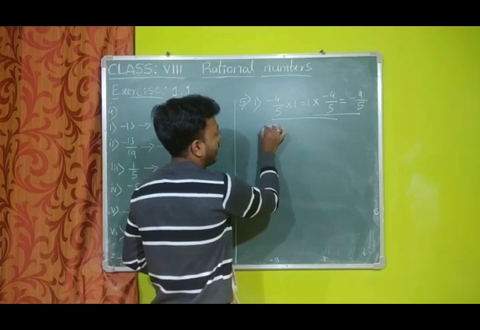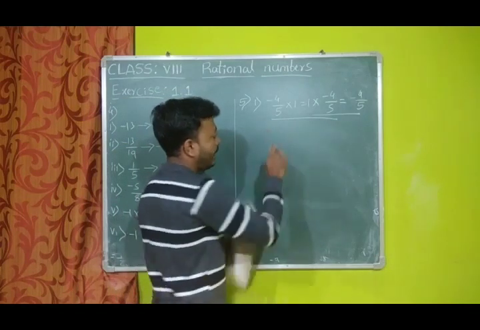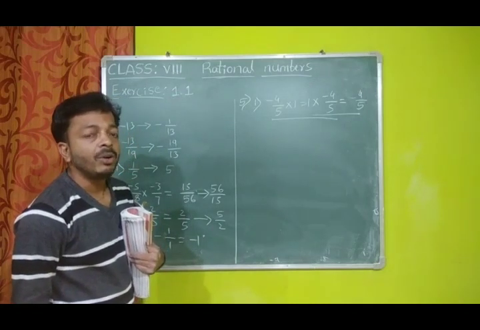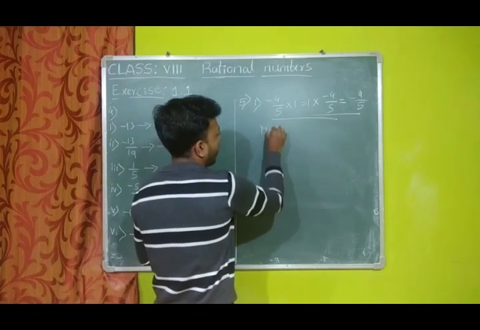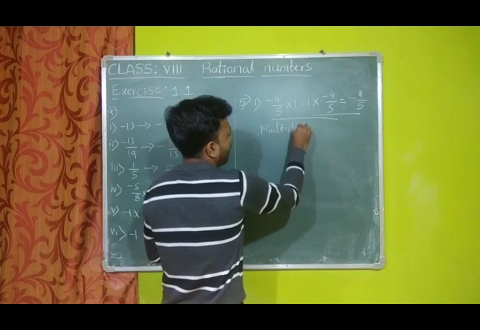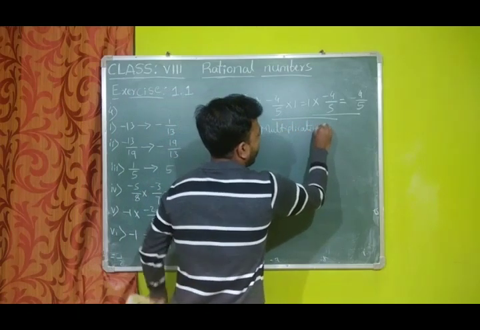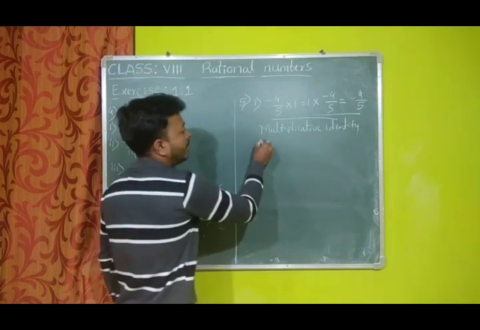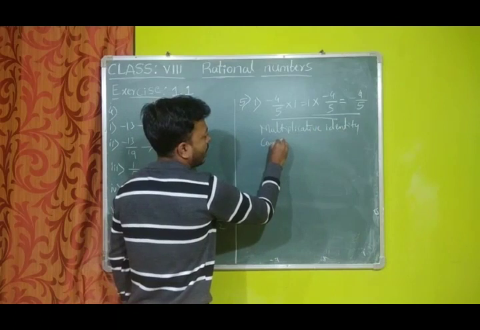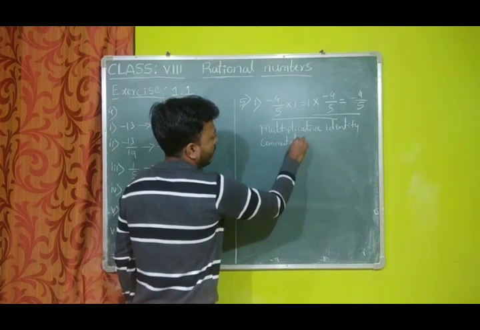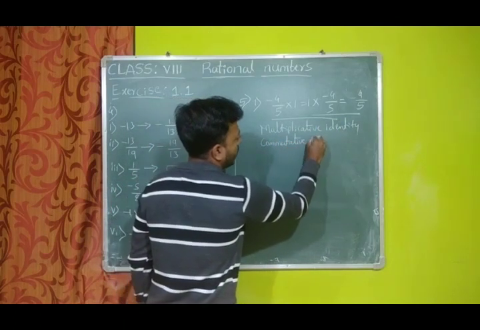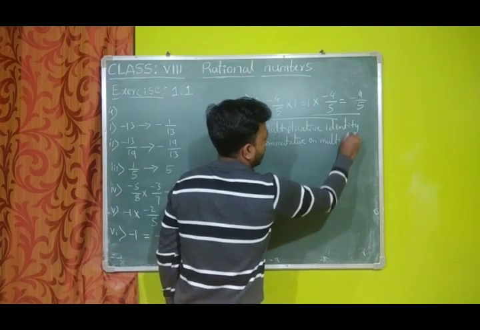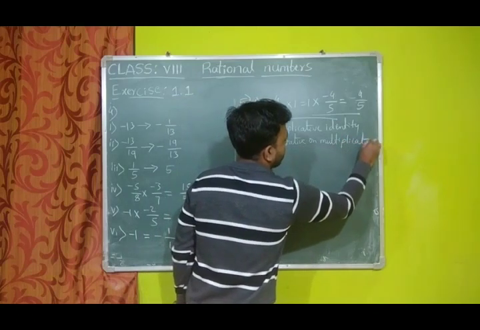Here two properties are there: multiplicative identity and commutative on multiplication.